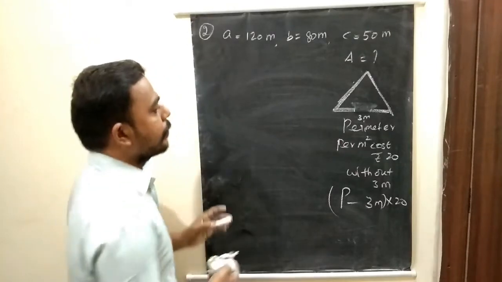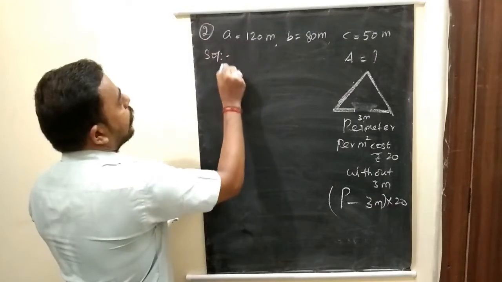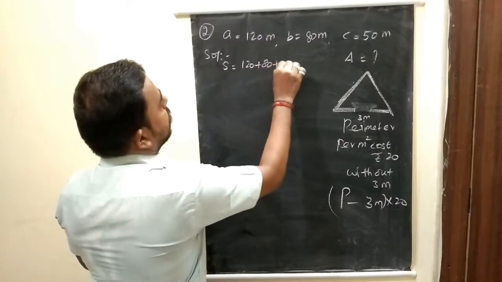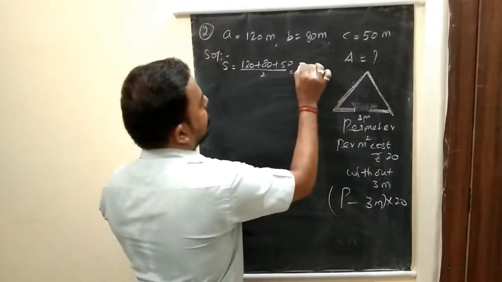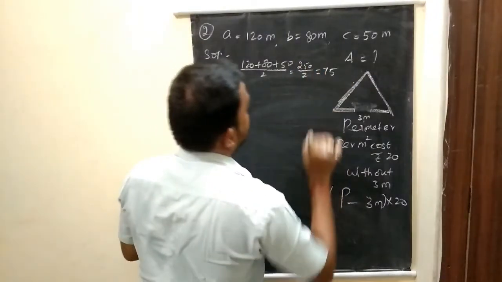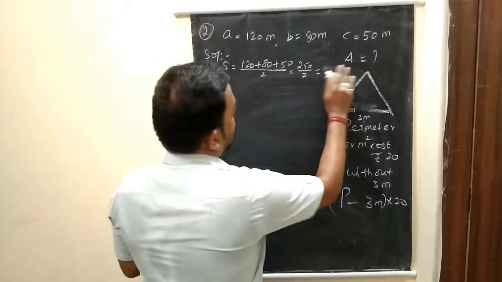This is the area. So for that, from the area we need to find S, which is equal to 120 plus 80 plus 50 divided by 2. So that is 250 divided by 2, that is 125.